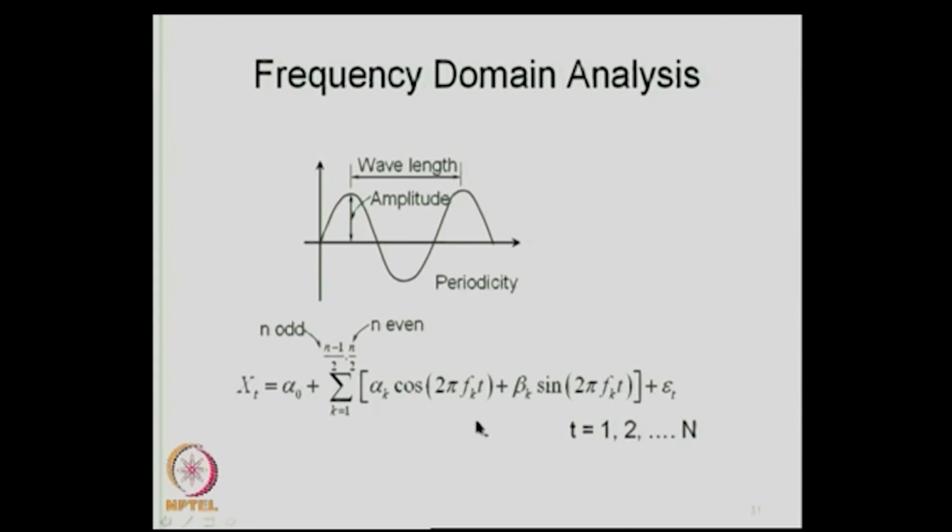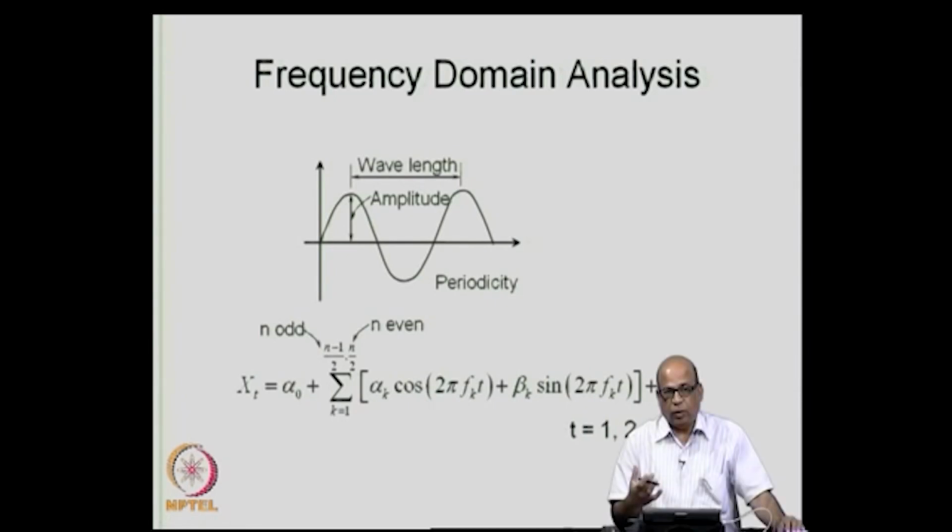We express this as consisting of cosine and sine waves with different harmonics. F k is the kth harmonic of the natural frequency, and then we do the analysis on x t by determining alpha naught and alpha k and beta k, and capture how much of the variance is present in a given frequency interval.